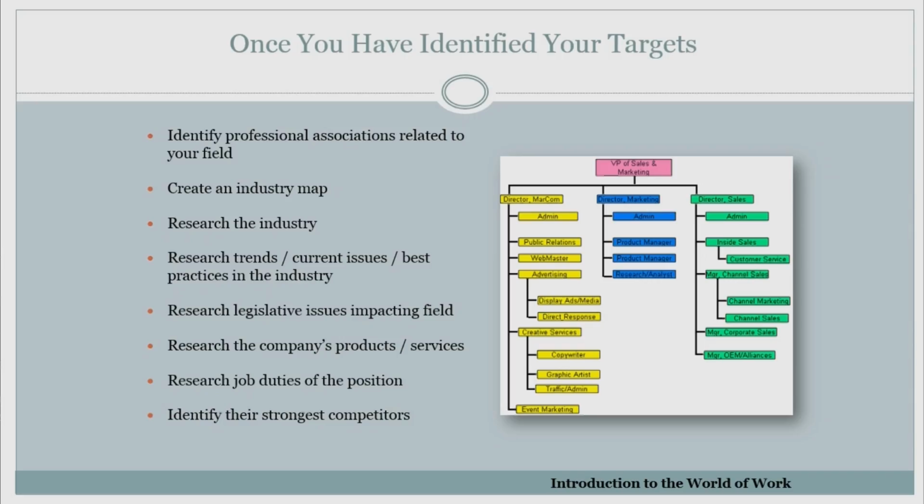The other thing that we have students do is to really research the industry and occupation that you're thinking about. So these are some areas, of course, doing a Google search or using professional associations related to your field will certainly give you kind of the best practices and some of the current issues, as well as what's going on in the industry.